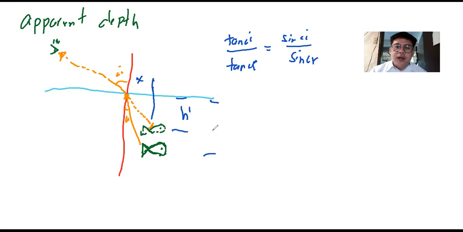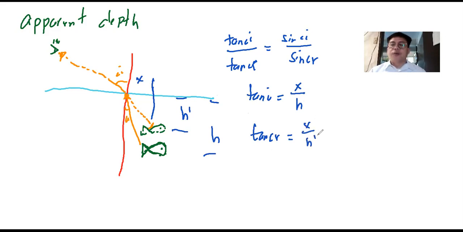And from here is the actual height of the fish. So in this case, class, your tangent I, for a small approximate angle, is equal to the ratio of x all over h.